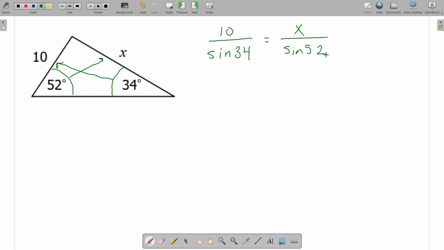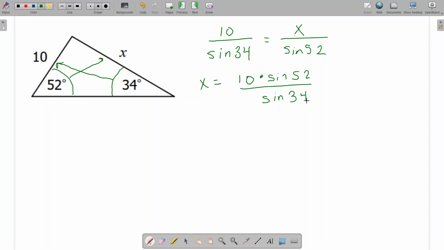So now we have an equation that we can solve pretty easily here. All I have to do is multiply both sides by sine of 52.